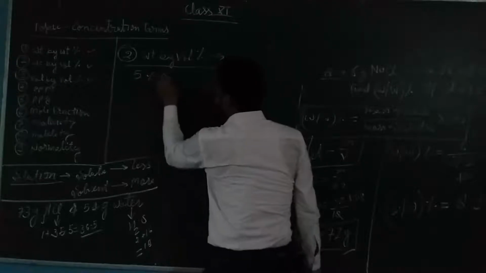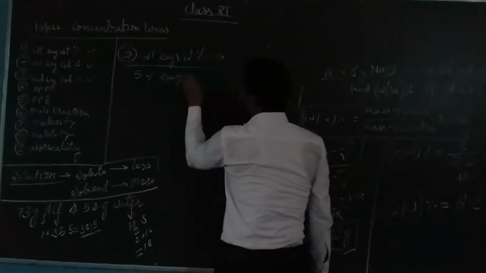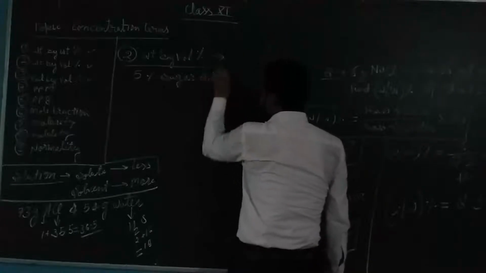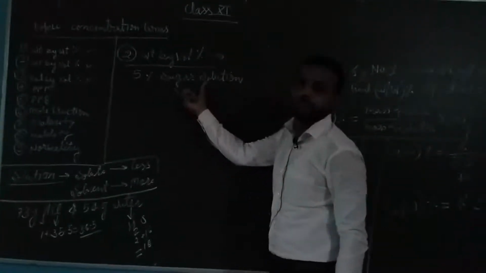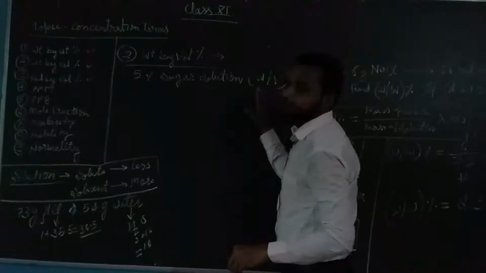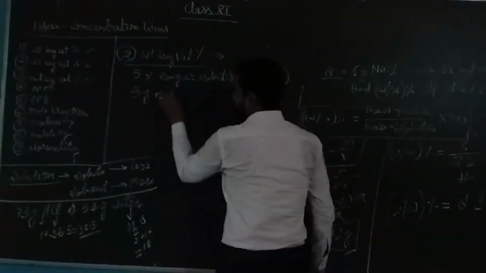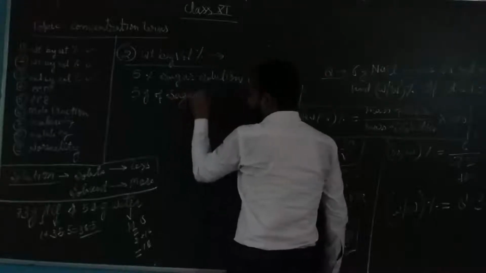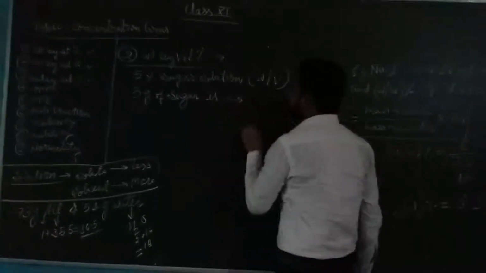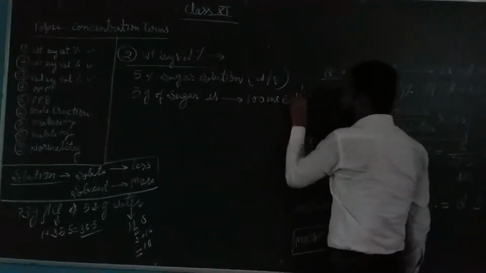Take 5% sugar solution. So what is the meaning of this 5% sugar solution, where it is written weight by volume? It means 5 gram of sugar is present in 100 ml of solution.